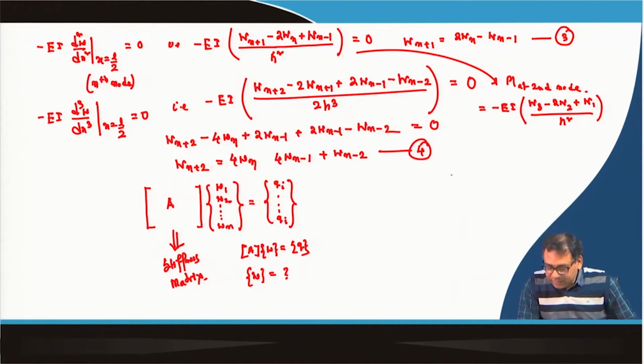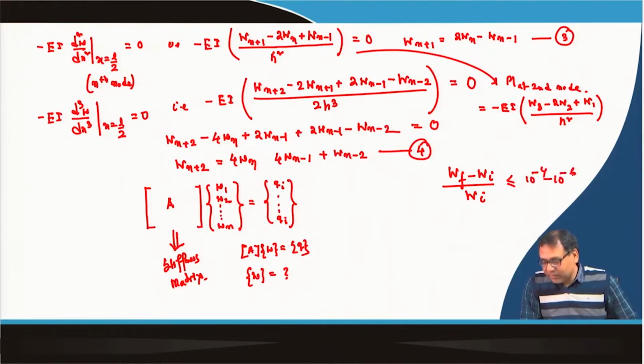For example, suppose this is your final deformation minus initial deformation, divided by initial deformation. This should be less than 10 to the power minus 4 to 10 to the power minus 6. Okay.